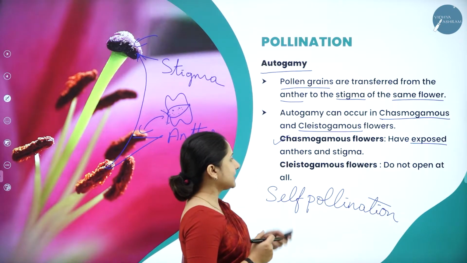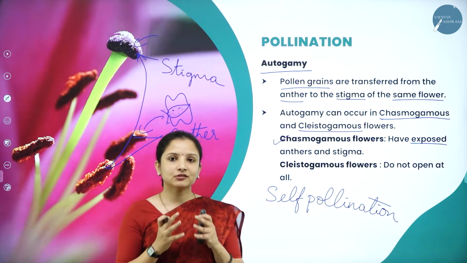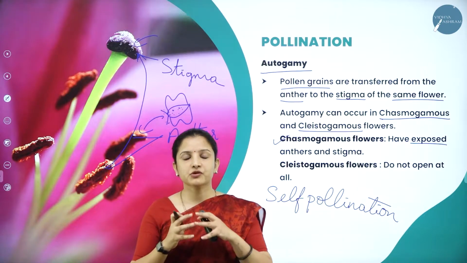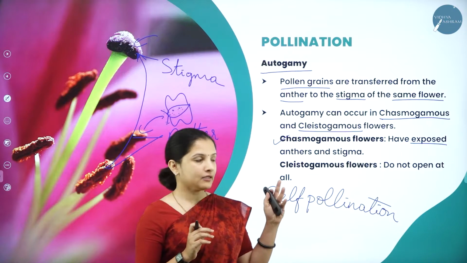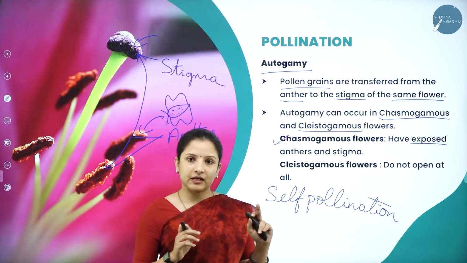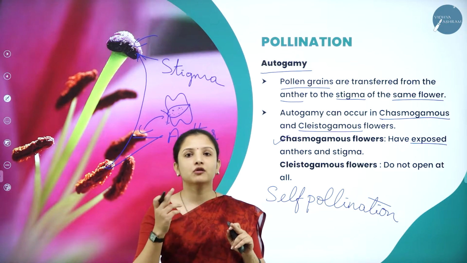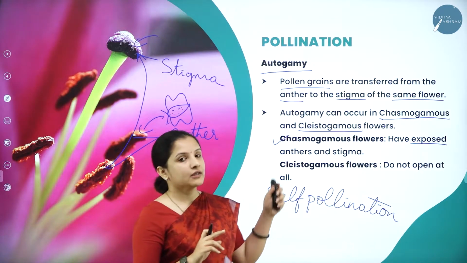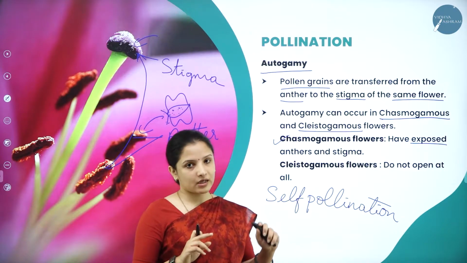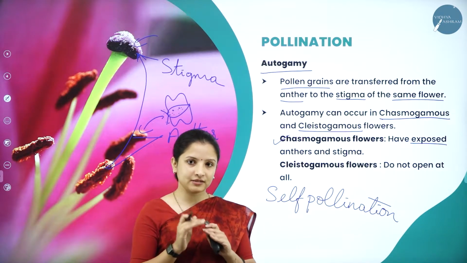And next is cleistogamous flowers. Cleistogamous flowers are the flowers which do not open at all. Here you have to understand, in chasmogamous flowers, there are chances of cross-pollination as well. That is, there are chances of xenogamy and Geitonogamy also. Why?